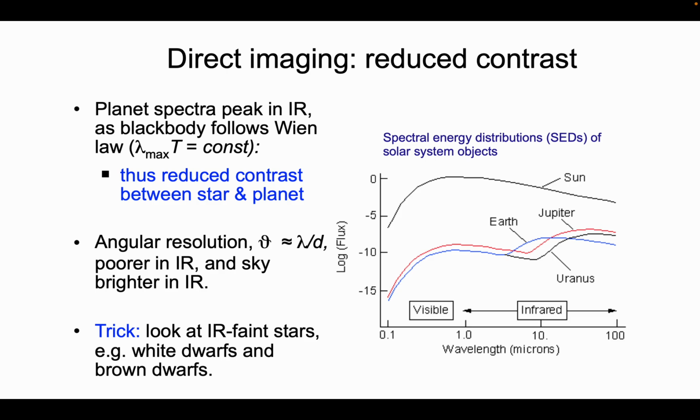It has been seen that planets mainly emit in the infrared. So if you want to do direct imaging of a planet, you have to look at stars which are infrared poor, such as white dwarfs or brown dwarfs, so that you can build a high amount of contrast between the flux of the exoplanet and the host star.